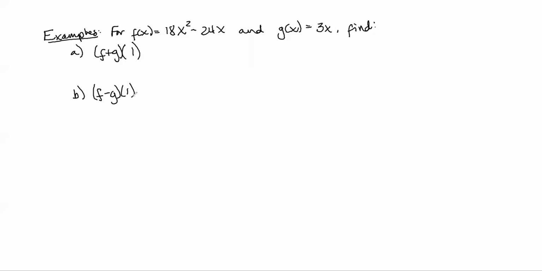Okay, so first thing we want to do here is find f plus g of x, and then we're going to plug in x equals 1. So let's go ahead and do that.